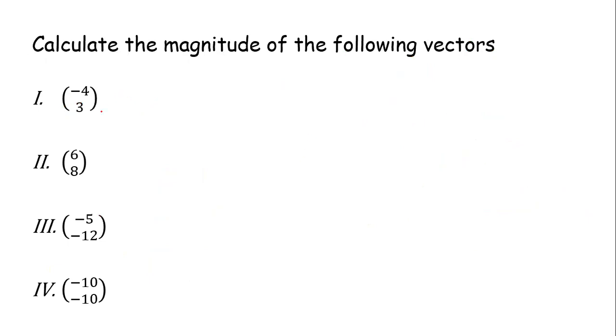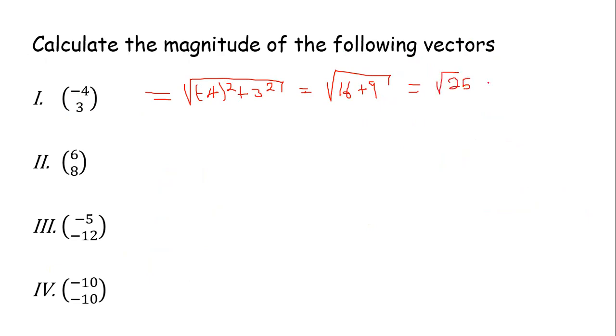So we can still continue with this. The magnitude of (-4, 3) will be root of -4 squared plus 3 squared. That will be equal to root of 16 plus 9, which is root 25.